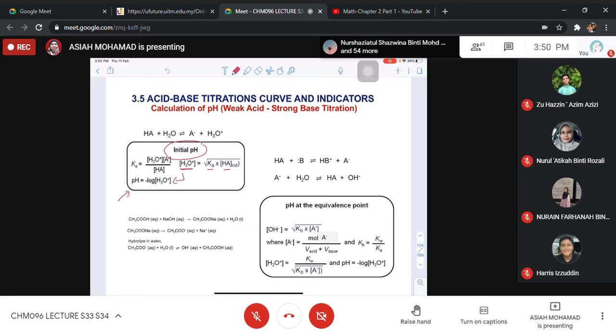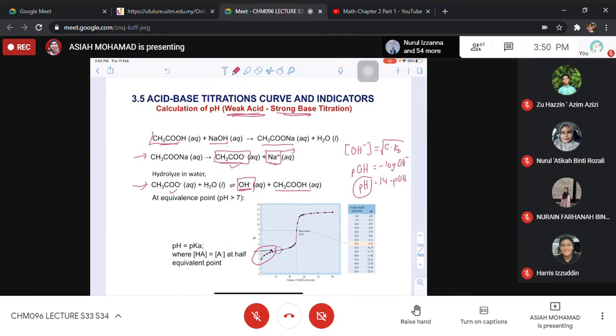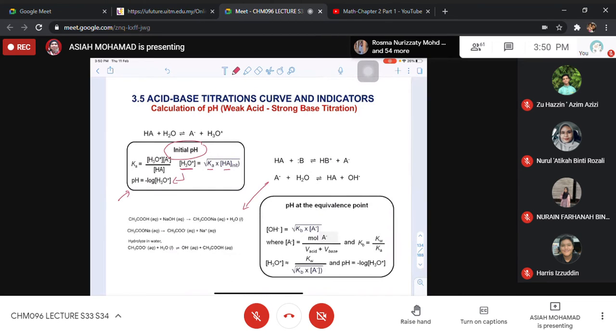And then pH at the equivalence point, this is the reaction. This generalized equation, this is the example that we used from the previous slide. CH3COOH reacts with NaOH to produce this salt. This salt dissociates to produce this ion that will further hydrolyze in water, so you will produce OH minus. To calculate it, OH minus is equal to square root C times Kb. C is the concentration that you get from the concentration of salt.